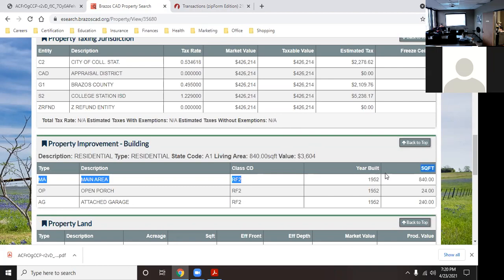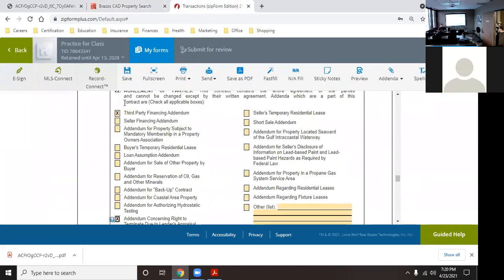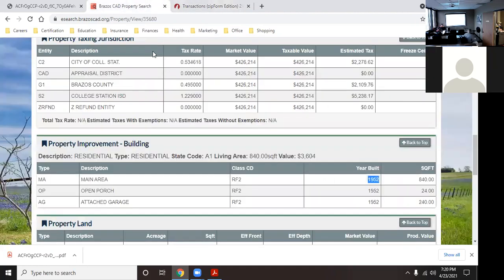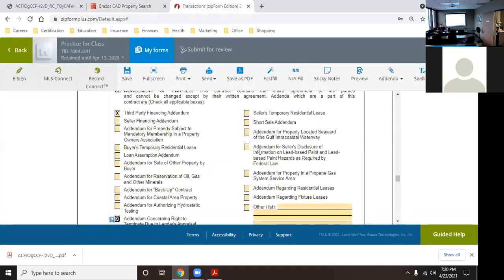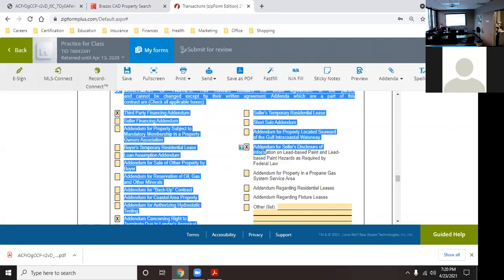For a year ago, when you did the 19. Correct. Since this property is 1978, that's the best way to remember it. Since this property was built in 1952, that is before 1978. And because of that, I would also have to do a seller's disclosure of information about lead-based paint or lead-based paint hazards as required by federal law.